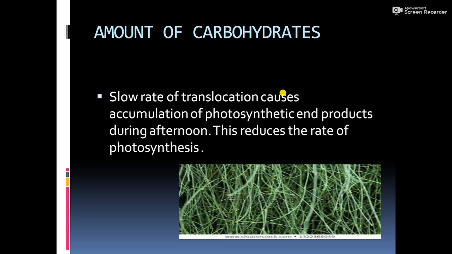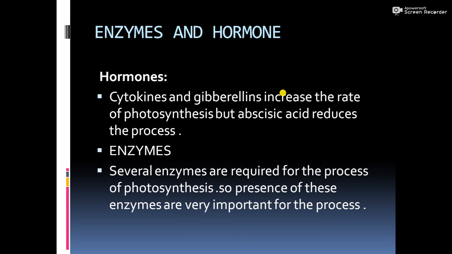So when in the morning they start photosynthesis, it is going on at high speed, and all day long the production of glucose is stored in the leaf, and in the afternoon the rate of photosynthesis becomes slower as the stored products occupy the maximum space of the leaf. This reduces the rate of photosynthesis.